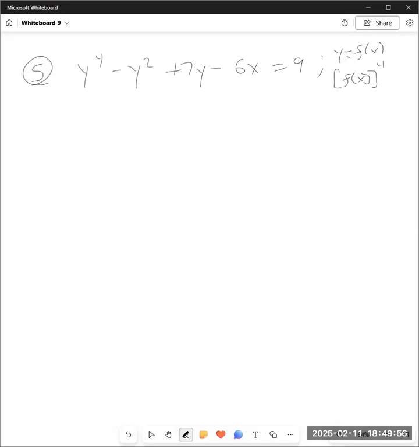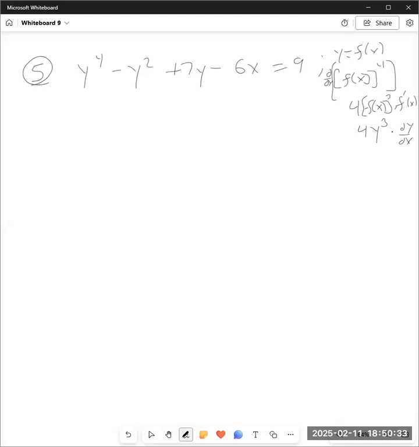If I want the derivative with respect to x of this whole thing, I'll use the power rule, 4 times f of x raised to the third power times f prime of x. Instead of f of x I'm going to write y, and instead of f prime of x, I'm going to write dy dx. I think they tell me to use dy dx here. My instructions, yes, they tell me to use dy dx.